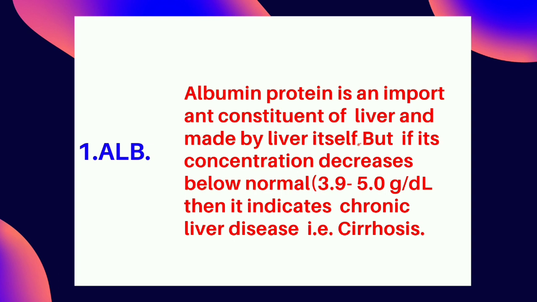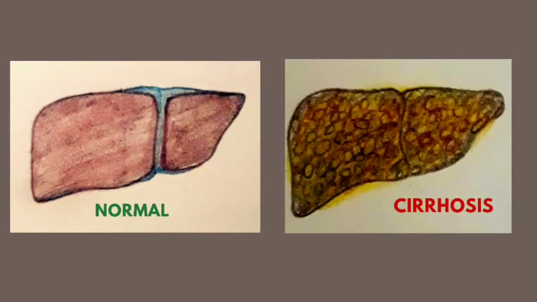But if its concentration decreases below normal, that is 3.9 to 5.0 gram per dl, then it indicates chronic liver disease, that is cirrhosis. And you can compare from this image what happened to the liver due to cirrhosis.